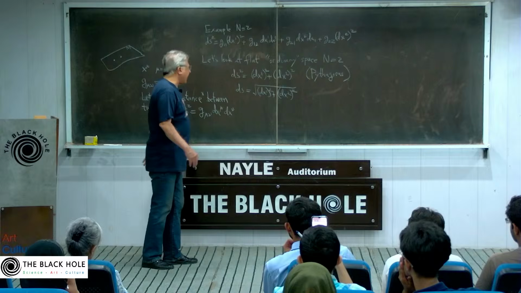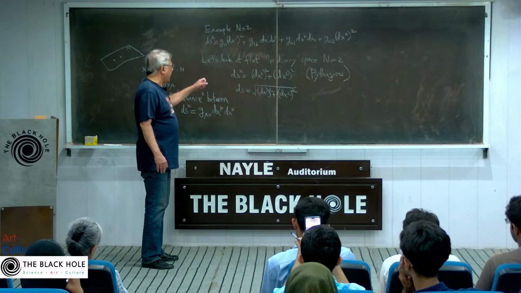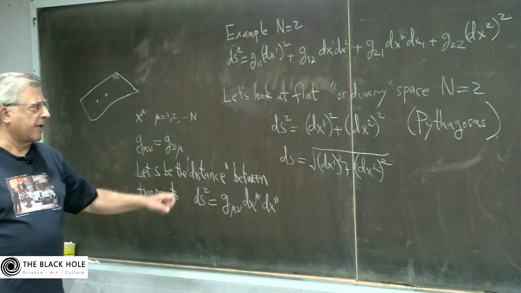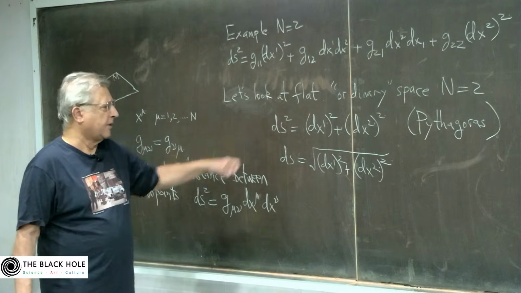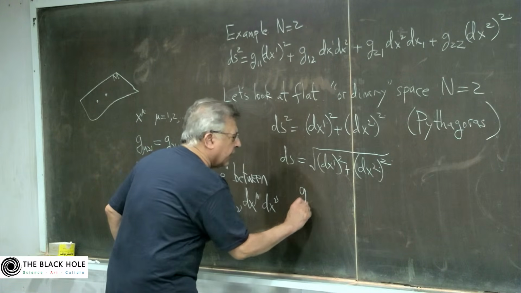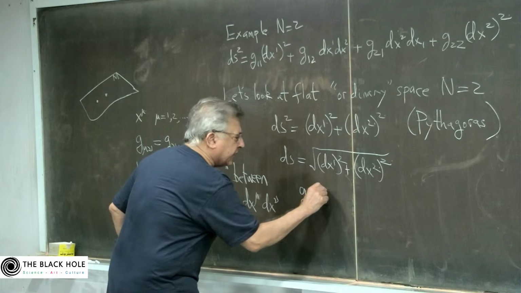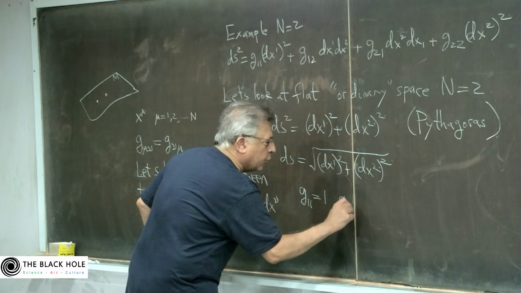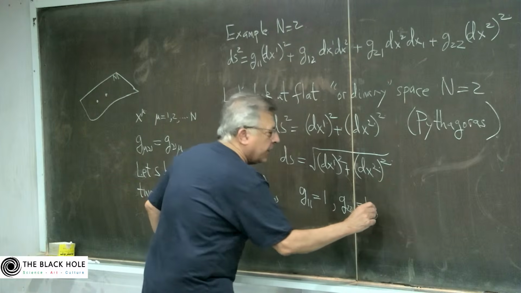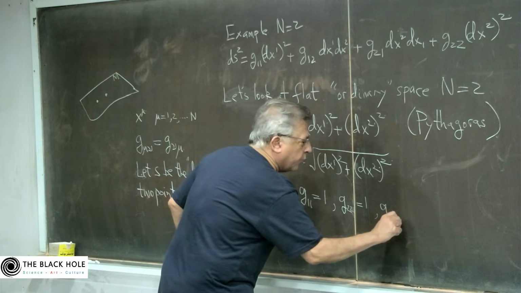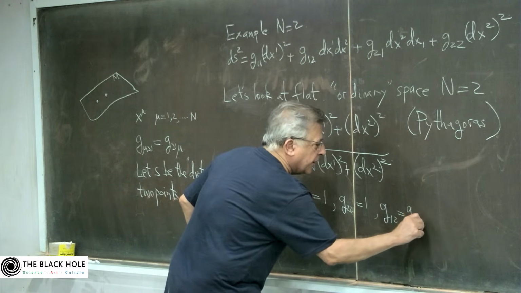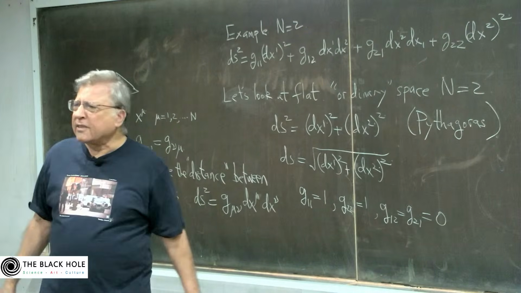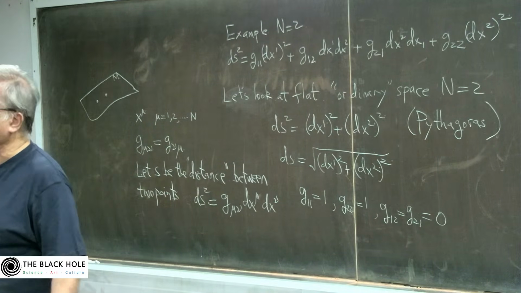Okay, now let's identify what g11, g12, g21, g22 are in this case. So look at this, then obviously g11 is equal to 1, g22 is equal to 1, g12 is the same as g21, which is 0. So here is a space where the metric is given to you.